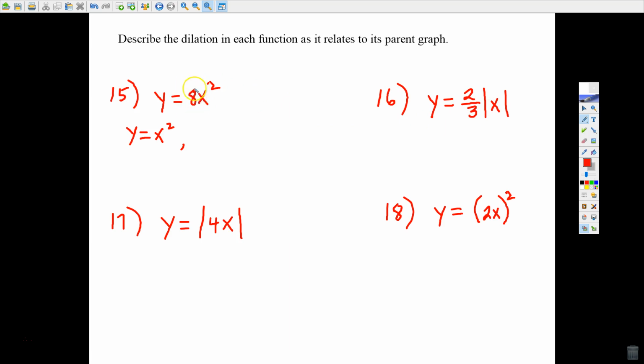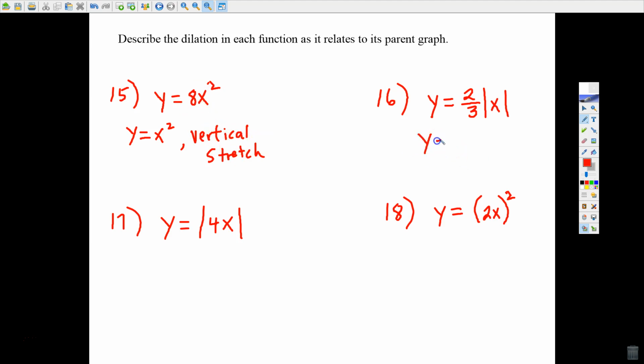If it's outside, then this is known as vertical stretch. A whole number, not a fraction, outside of parentheses will always result in vertical stretch.